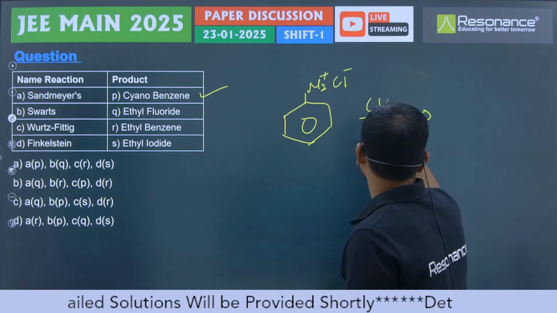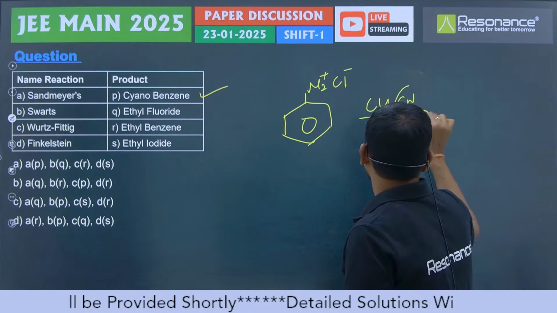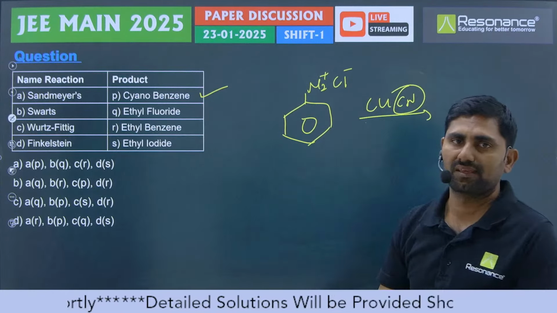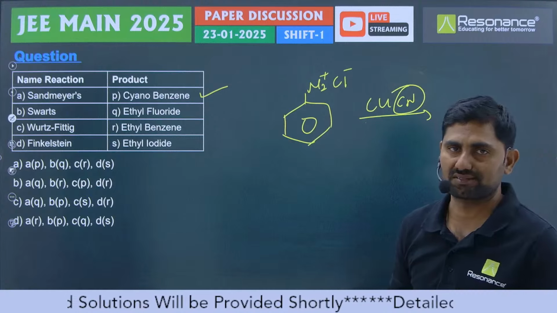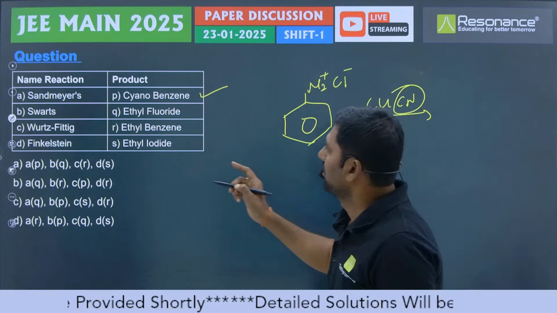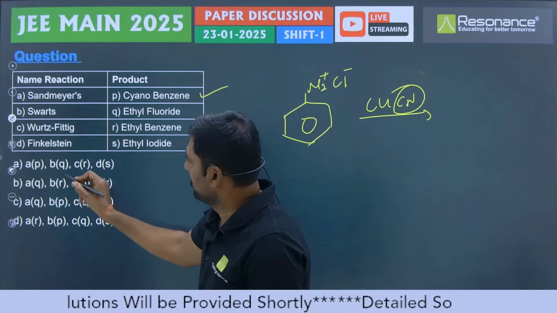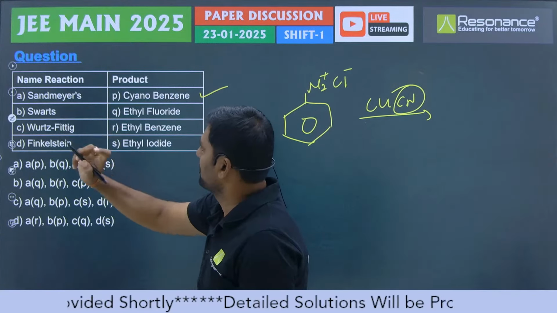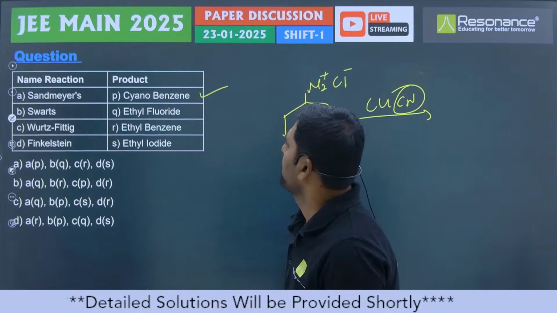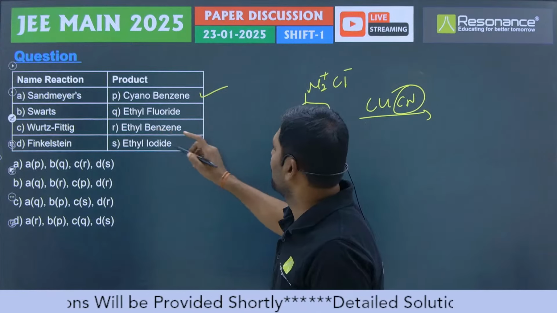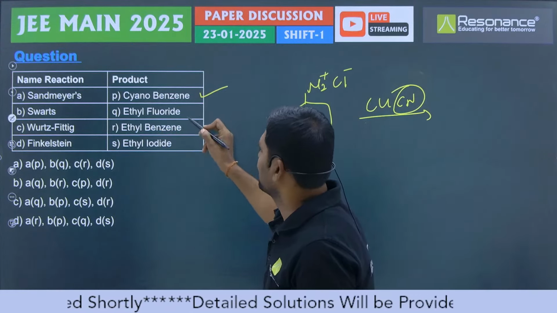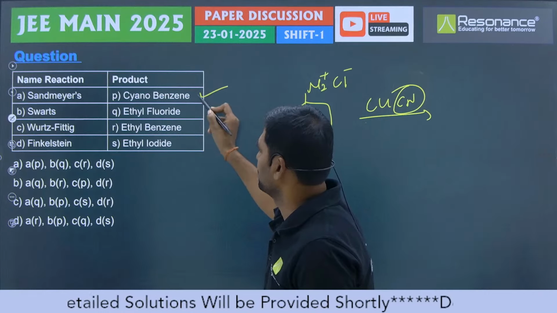If you are using CuCN, cyanide is going to be replaced. This is an SN Ar type reaction. So A is P. Next, Schiemann reaction. You can find Schiemann reaction is fluorine exchange. You will get fluorine. So Q.